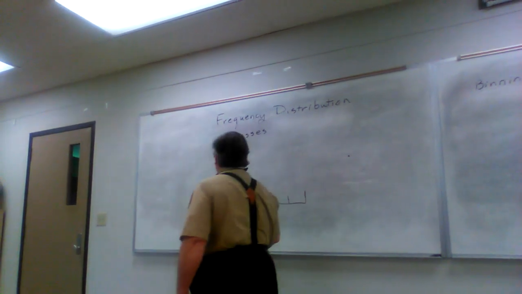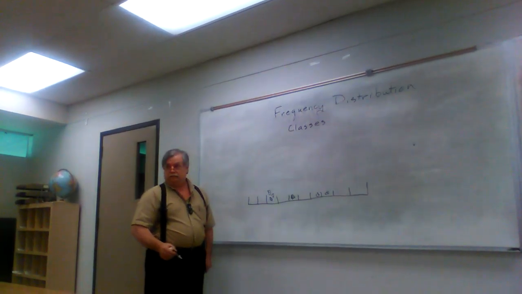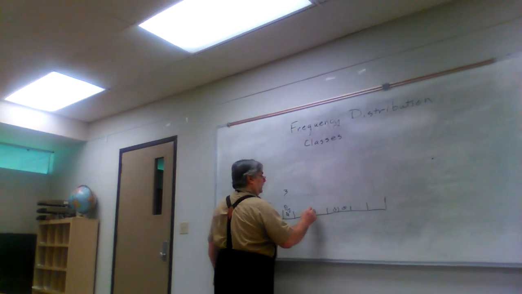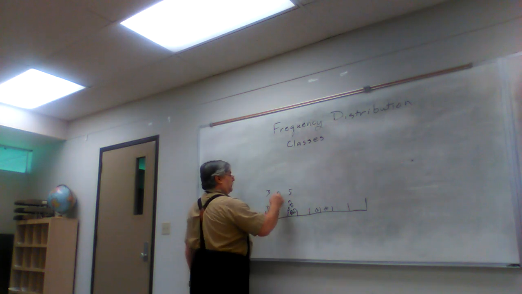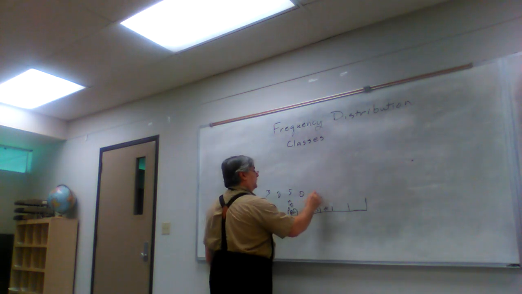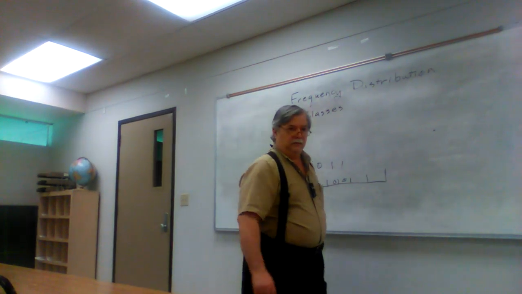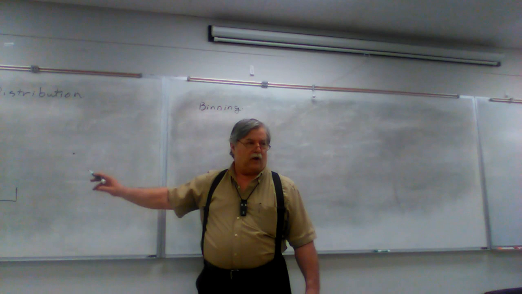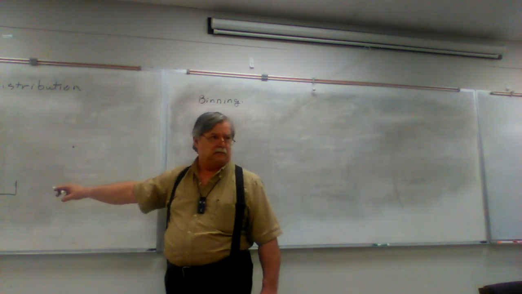Then you count up how many landed in this bin. How many landed in this bin? Here, this one got 0, that one got 0, these two got 1 each. Those numbers, those tallies, those are the frequencies of the data.